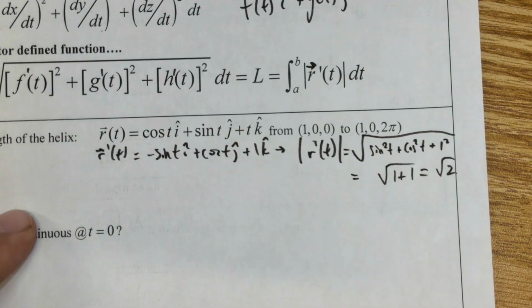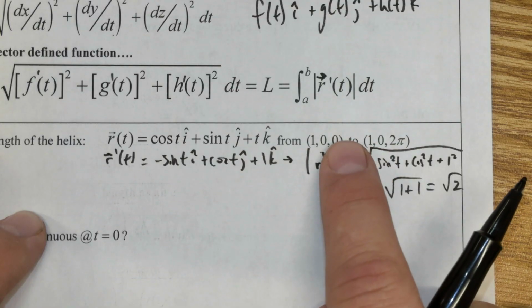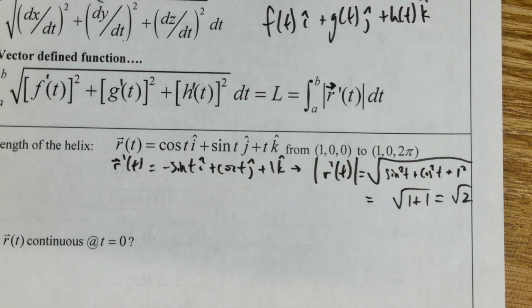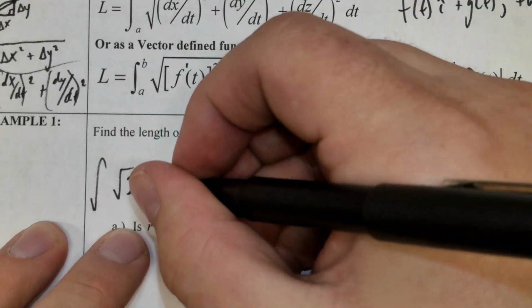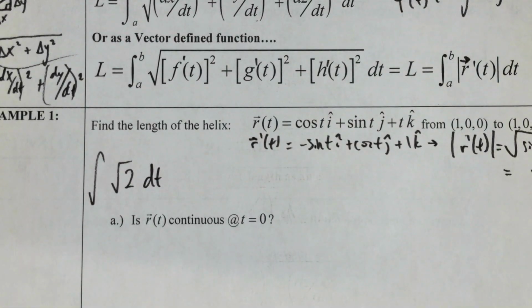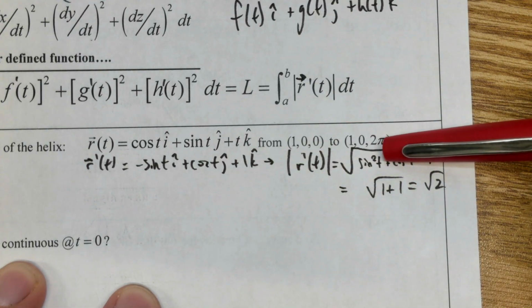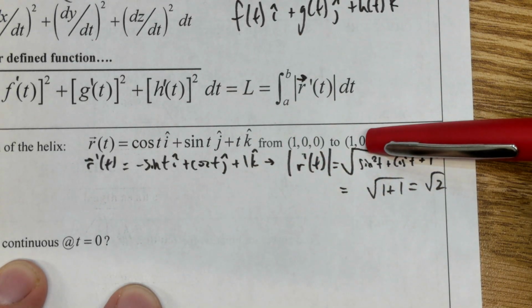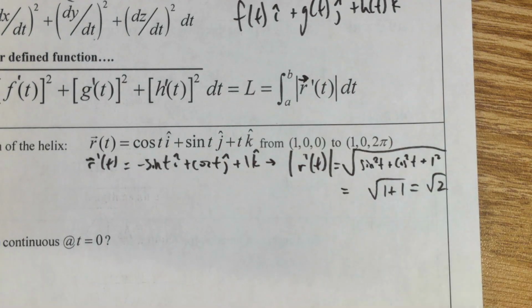Now that becomes the inner portion of my integral, and in this case I'm going between these two points. We need to pause and think, what are my bounds on t? I know my integrand will be square root 2. I know I'm going dt, but what is the change in time from this coordinate to that coordinate? A little bit dicey because I don't see my x change, I don't see my y change, but I do see my z change, and that z is based in t.